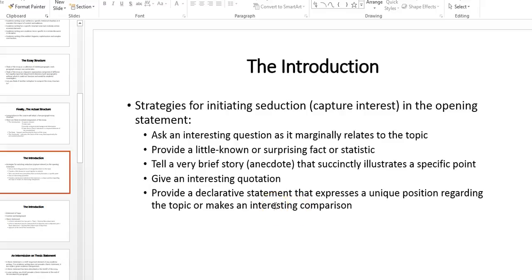One example of a declarative statement could be, many people have proclaimed that the U.S. is on the brink of following the path of the Roman Empire.